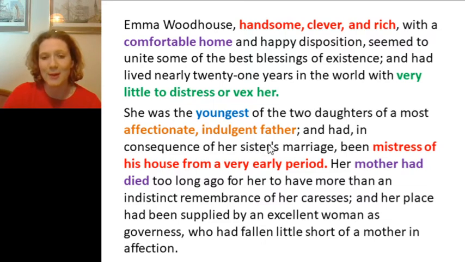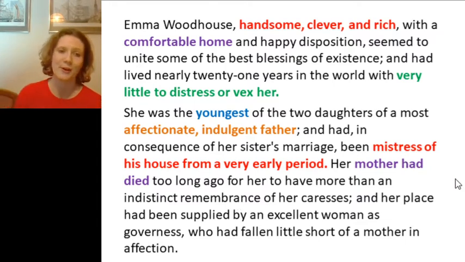Her sister was married, and so Emma was mistress of the house. She's in charge. She's the one who runs the house. Her dad lets her do whatever she wants to do. I'm happy with my inference that maybe she is a bit of a spoiled brat. But here I feel a little bit bad because if her mother had died when she was very, very young, maybe actually what I infer from that is that she's had to grow up too quickly.